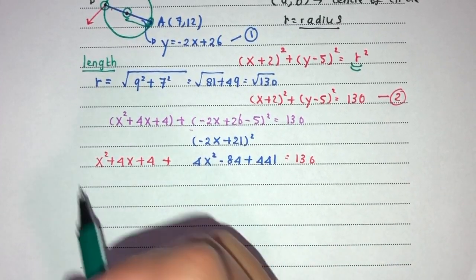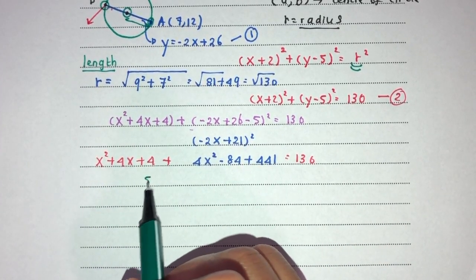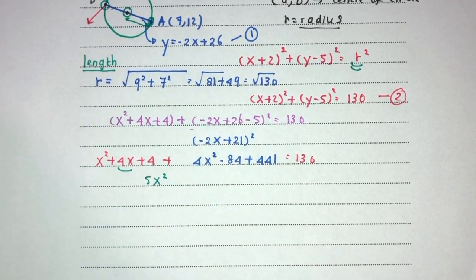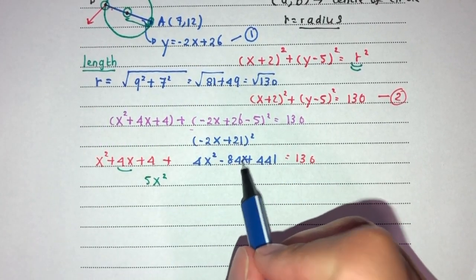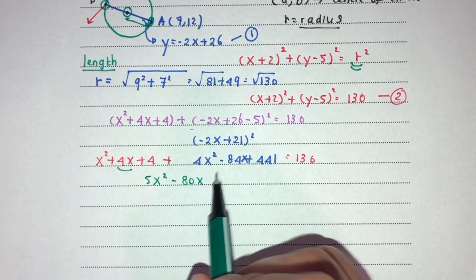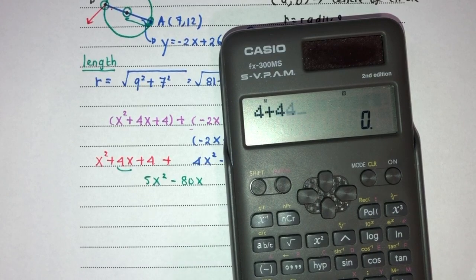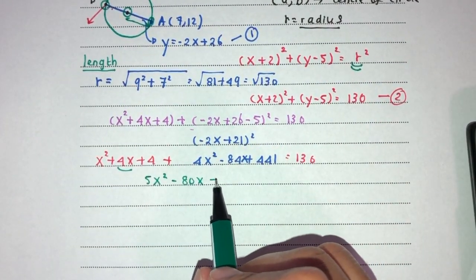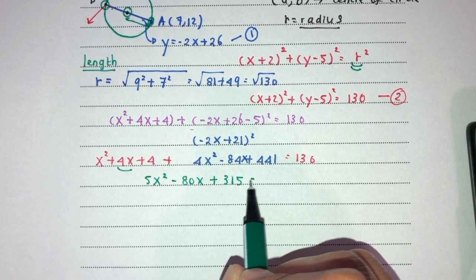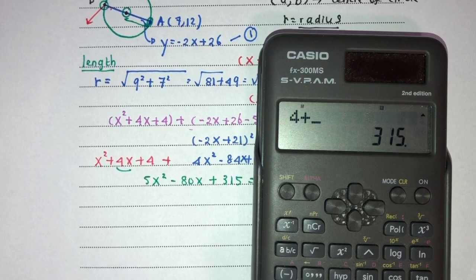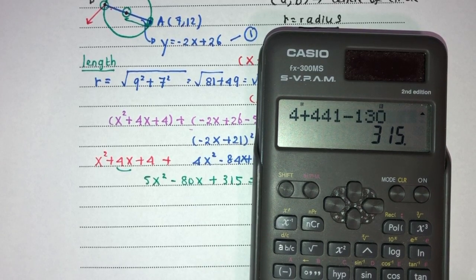So here we have 1x squared plus 4x squared, which is 5x squared. 4x minus 84x should become minus 80x. And then we have 4 plus 441 minus 130, which should become 315. Double check: 4 plus 441 minus 130, that should be this.